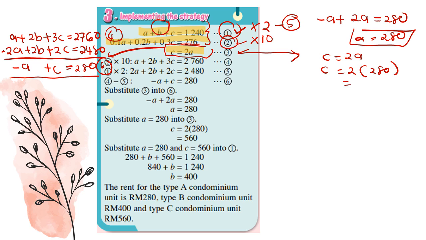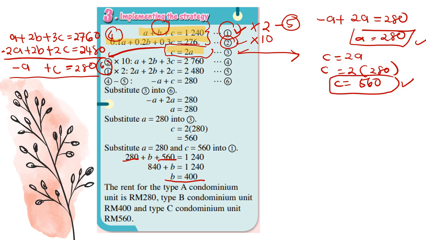So you will get 560 for the value of C. Now you already have the value for A and the value of C. You can substitute into equation number 1 or equation number 2, but it's easier if you substitute into equation number 1. Substitute the value here, 280 for A and 560 for C into equation number 1. So you will get B is equal to 400.